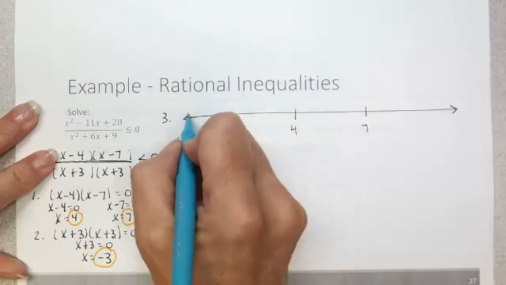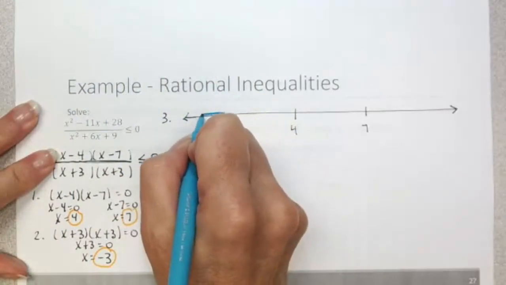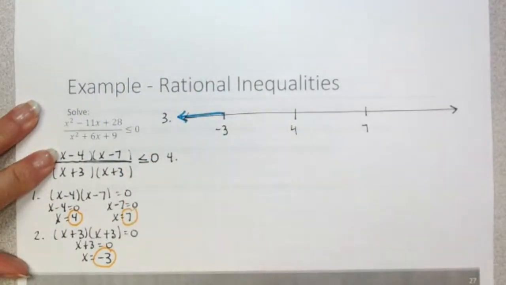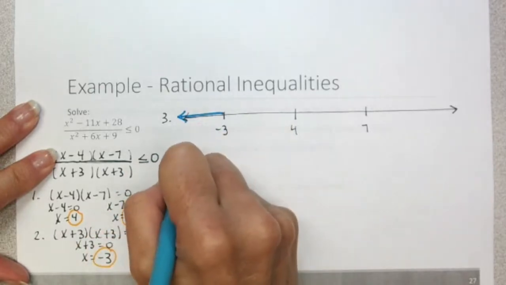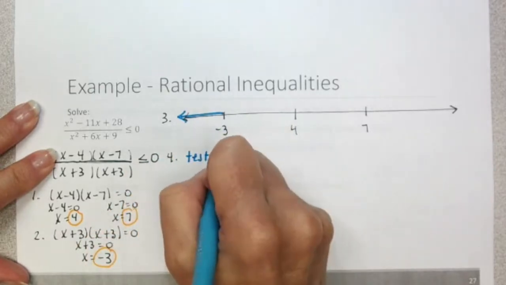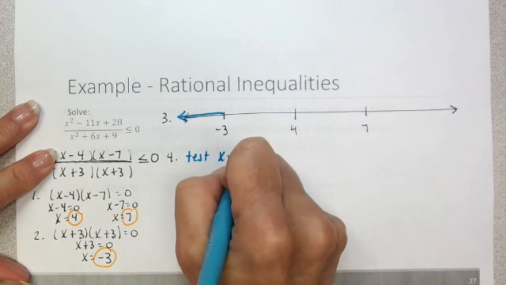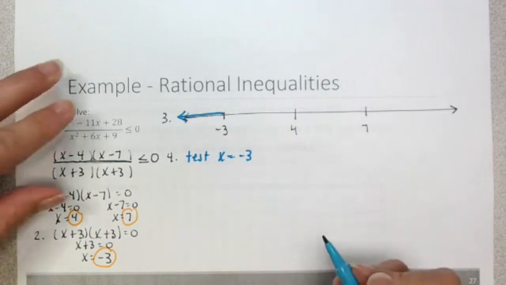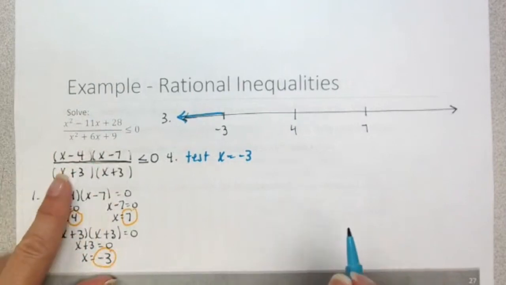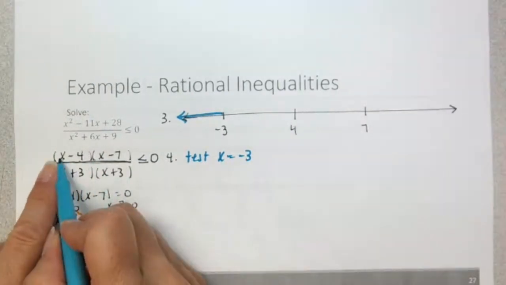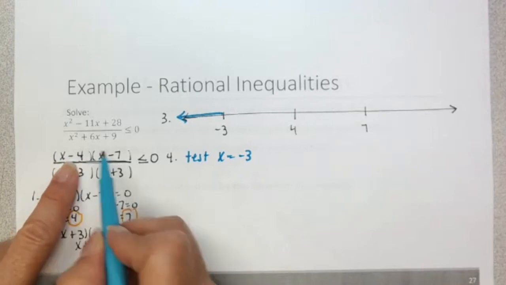All right, this first interval will be everything less than negative 3, right? Let's test that interval first. Test x equals negative 3. All right, if x is negative 3, what happens to my numerator? We're going to use the factored version. It's easier to deal with, right? Negative 3 minus 4 is negative 7.